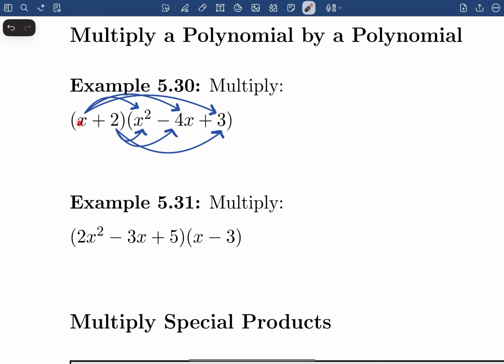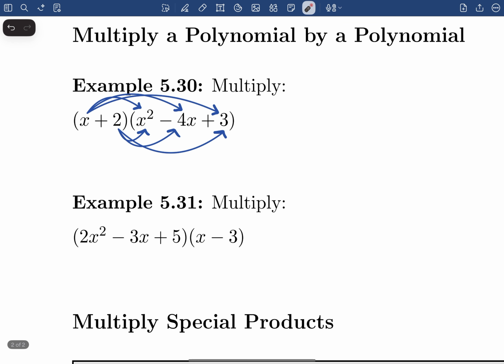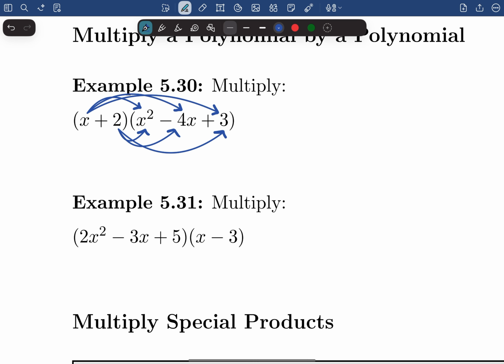Okay, so I'm taking x and I'm multiplying it with every term here, and then I'm taking 2 and I'm going to multiply it with every term here. And the amount of terms that I end up with is just 2 times 3. So if I have a binomial times a trinomial, 2 terms times 3 terms will give me 6 terms that I end up with. And then I'll just combine any like terms if possible.